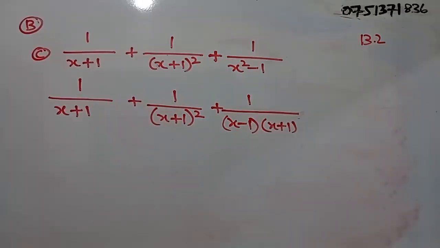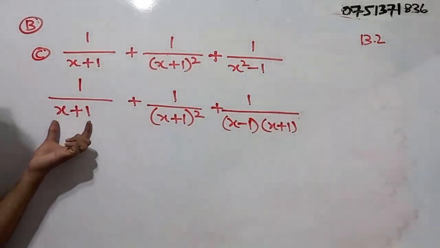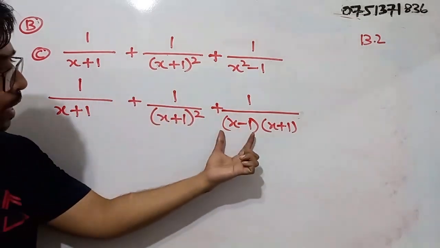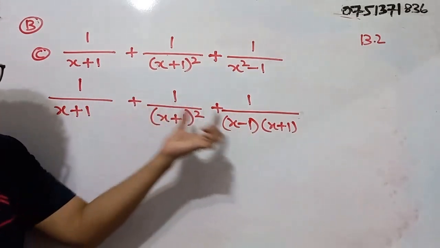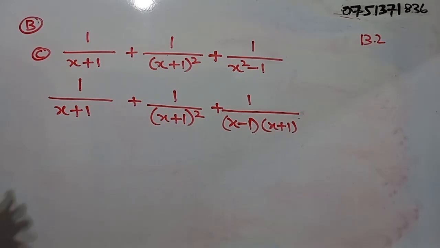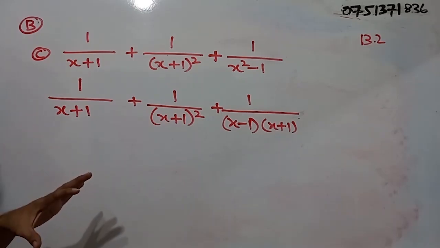So we have x plus 1 and also x minus 1, two different algebraic expressions. So what should be the least common multiple?